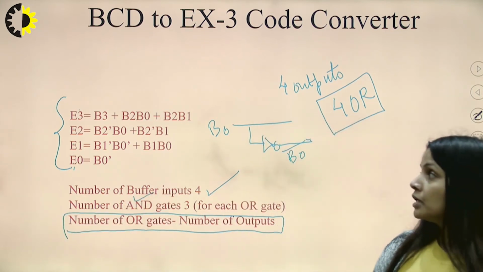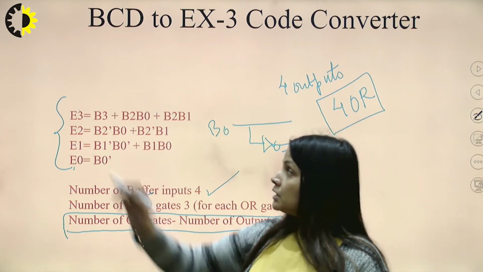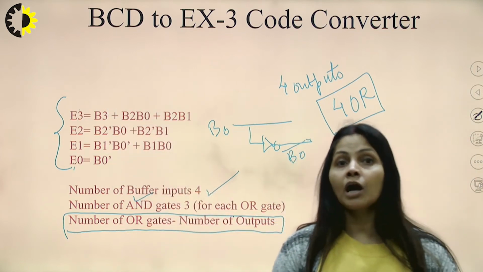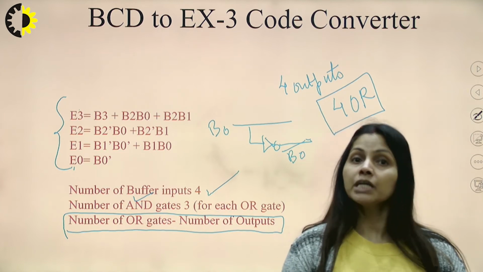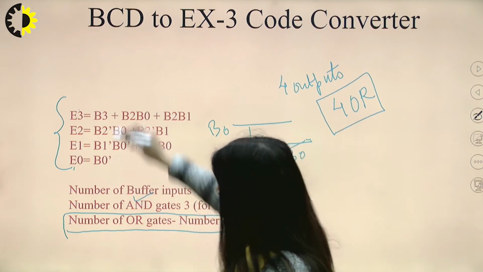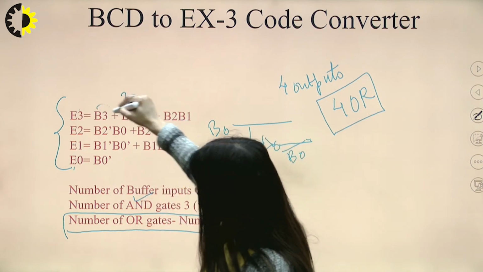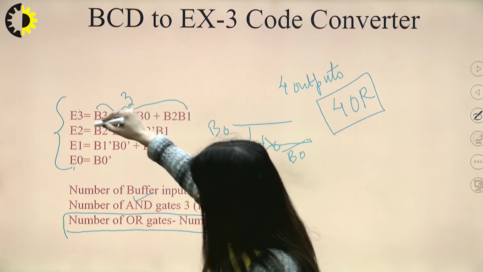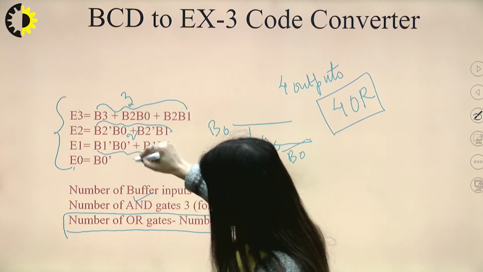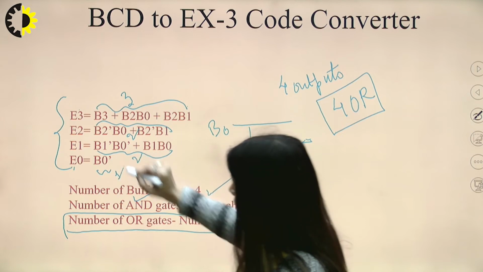Now, next part. See the min terms here. What is the maximum count of min terms for each output? Here we have 3 expressions. In this we have 2 min terms, here we have 2, and here we have only 1.